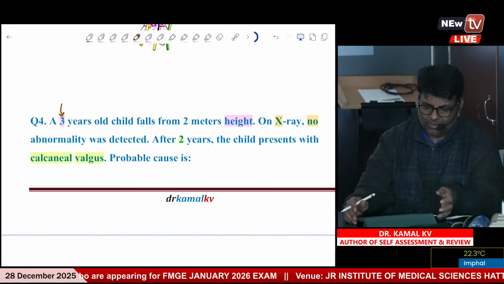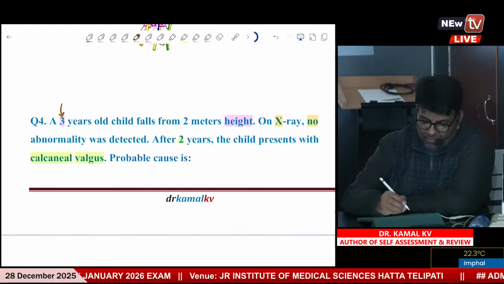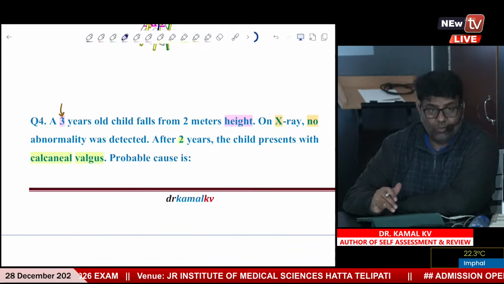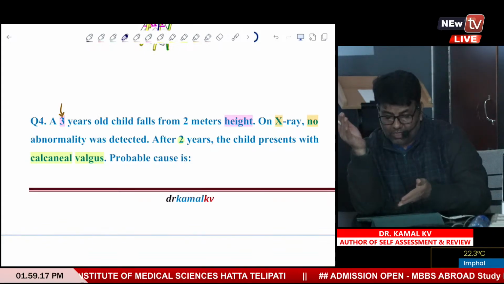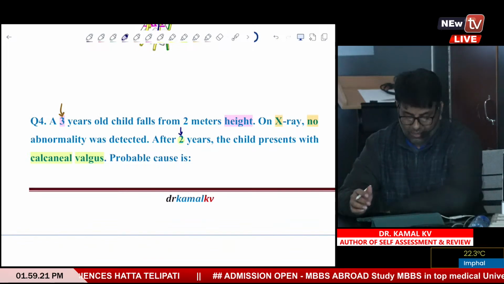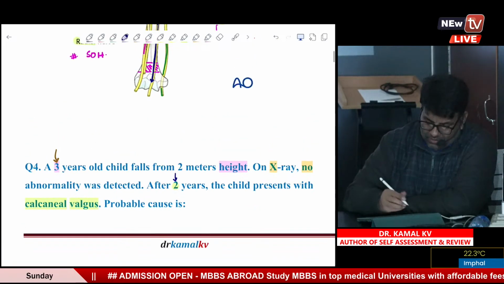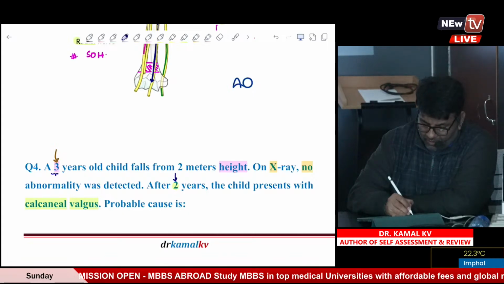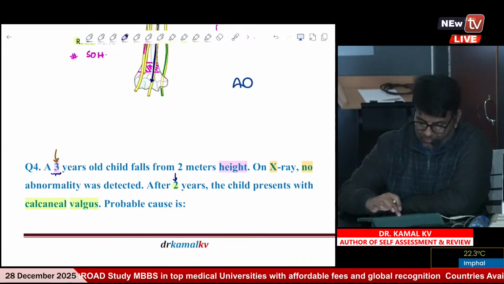Okay, so can you think what could be the reason here why a child who was looking normal at the time of injury now after 2 years is coming with a deformity? Any idea? Actually, for this, you should know the anatomy of the long bone of a child.